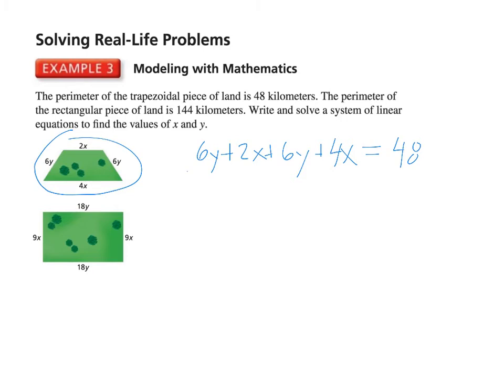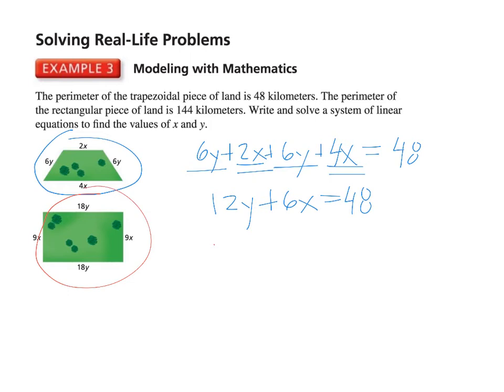Simplifying this, I get 12y plus 6x equals 48. Then I have this one here, I have 9x plus 18y plus 9x plus 18y is equal to 144.